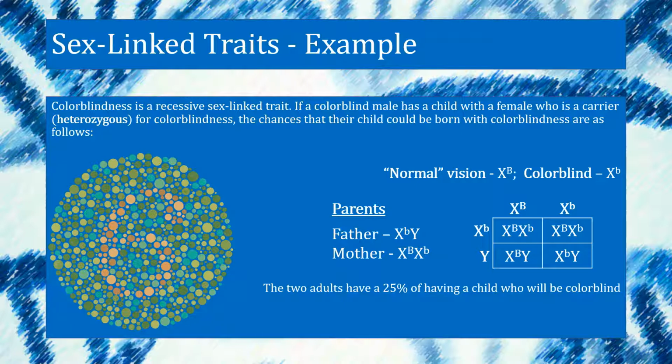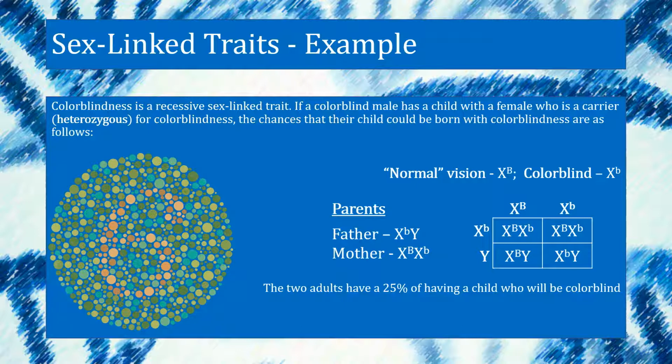So if you look at the image to the left here, if you can see the number that's in there, then you do not have color blindness. If you cannot, or you have difficulty seeing it, it means that you're either a carrier or that you are red-green colorblind.